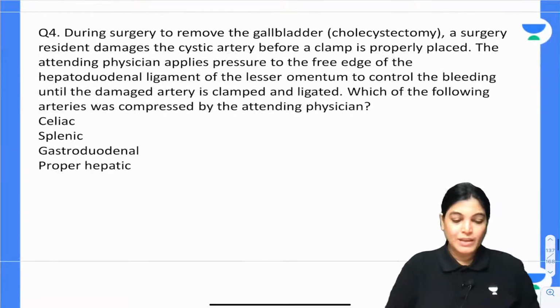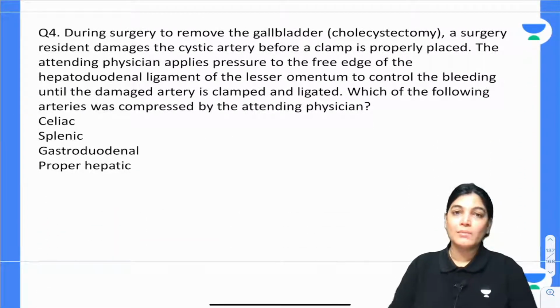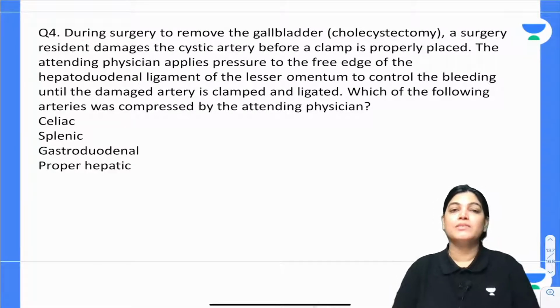Question number 4. During surgery to remove the gallbladder, that is cholecystectomy, a surgery resident damages the cystic artery. Before a clamp is properly placed, the attending physician applies pressure to the free edge of the hepatoduodenal ligament of the lesser omentum to control the bleeding until the damaged artery is clamped and ligated. Which of the following arteries was compressed by the attending physician?